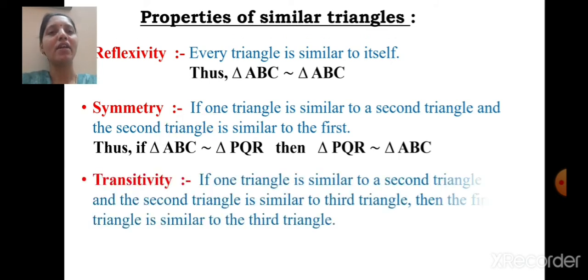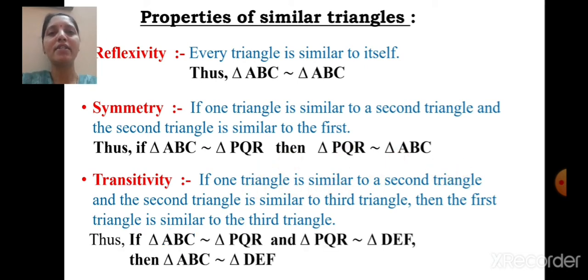Now let's see the next property, that is transitivity. So what is the meaning of transitivity? If one triangle is similar to the second triangle and the second triangle is similar to the third triangle, then the first triangle is similar to the third triangle. So let's see the example here.